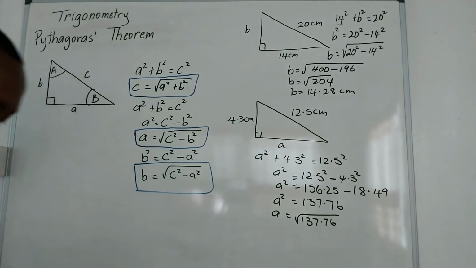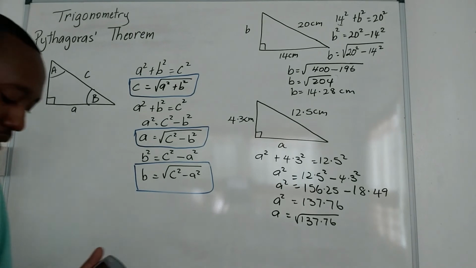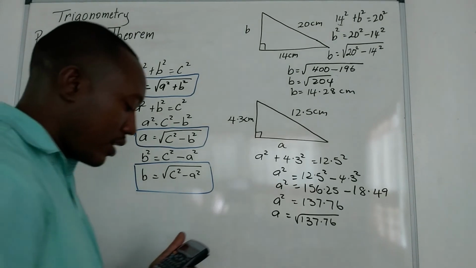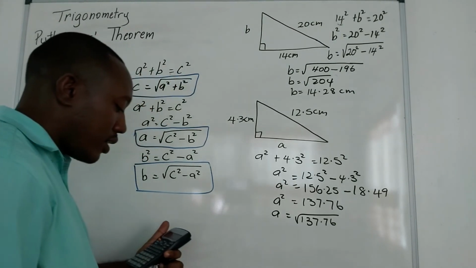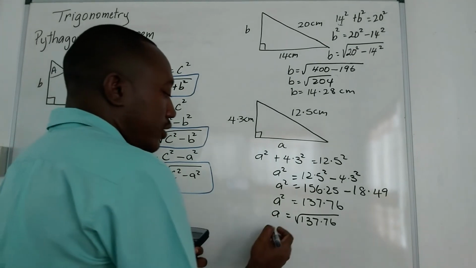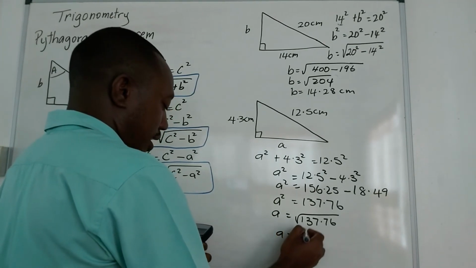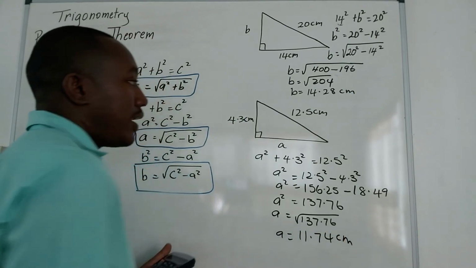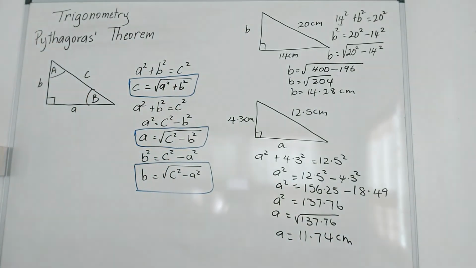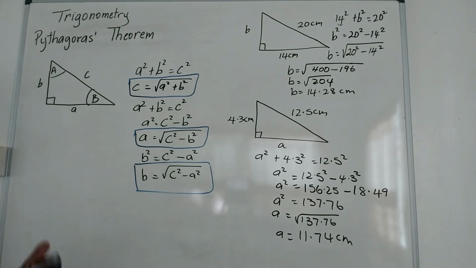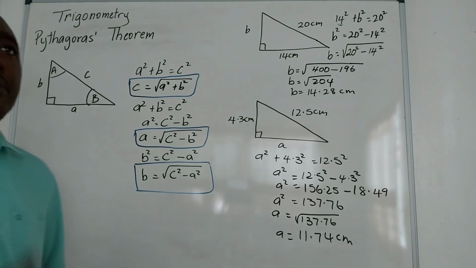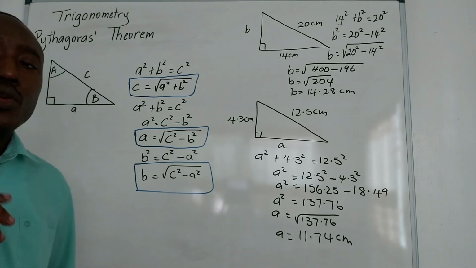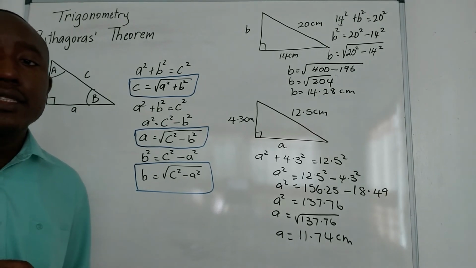All right, which will give us 11.74. We'll write it to 2 decimal places, 11.74 cm, and that is our answer. In our next class, we will do some application questions using Pythagoras' theorem.